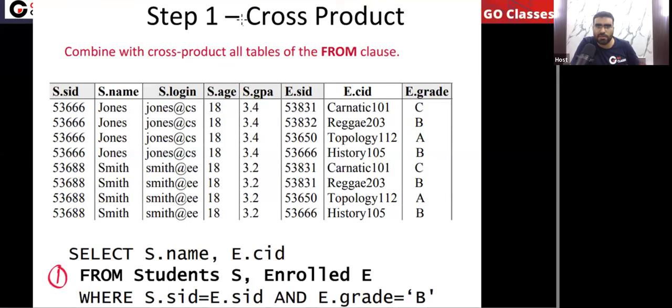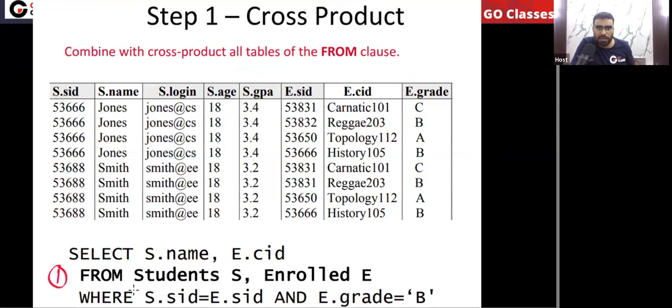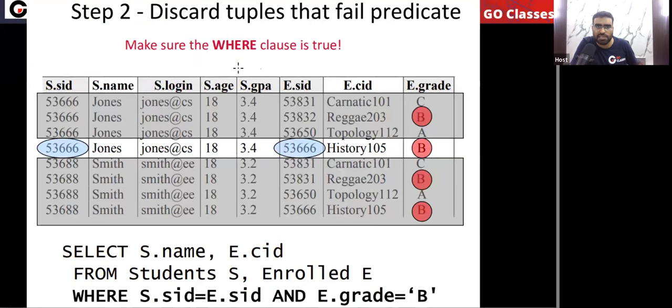Now what is the second step? After doing this cross product, you apply the tuple selection condition. Step two is tuple selection: make sure that the where clause is true.